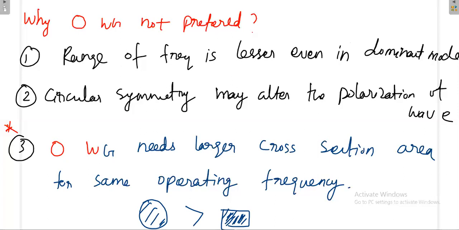Now we will see why TEM mode is not possible in the case of a waveguide. TEM means transverse electromagnetic mode. That variety is possible in free space, because free space is not bounded by anything.